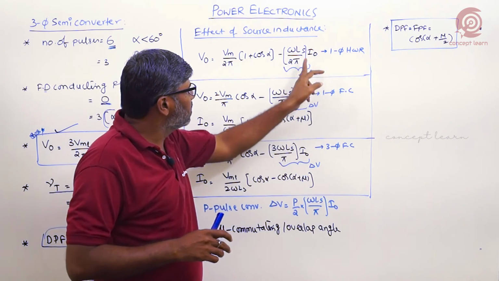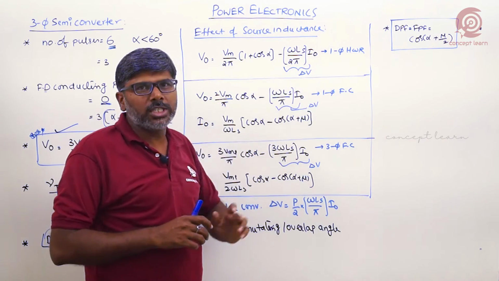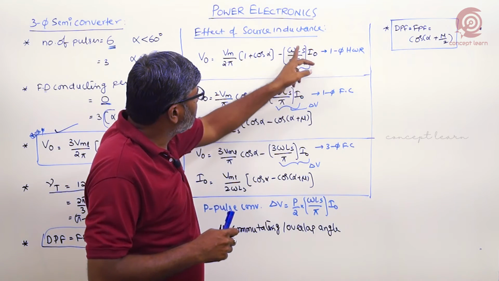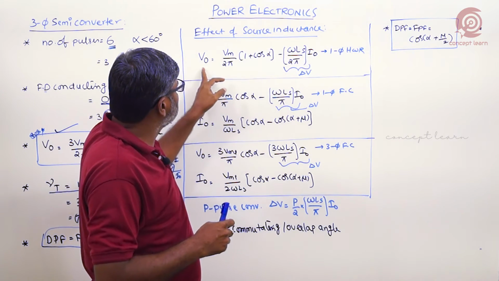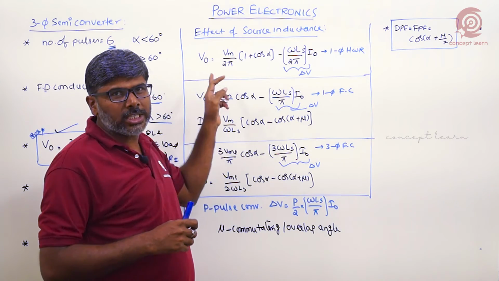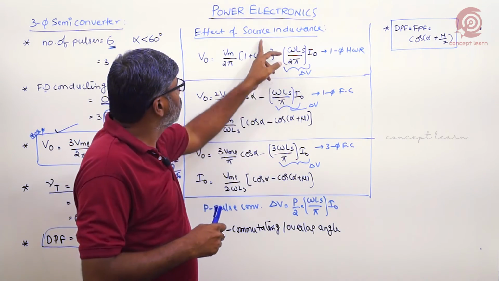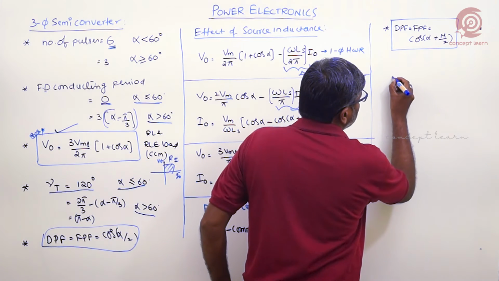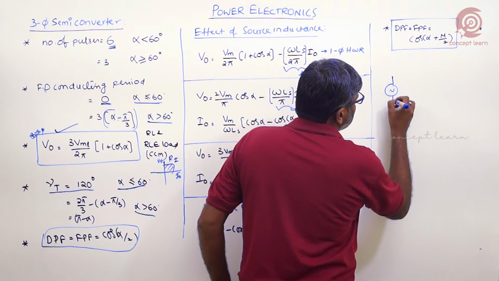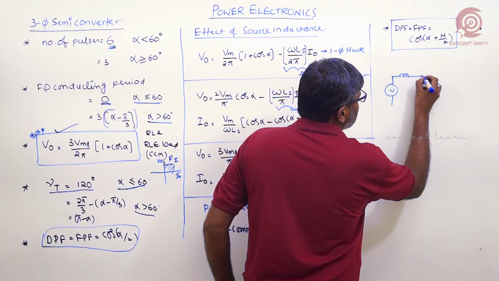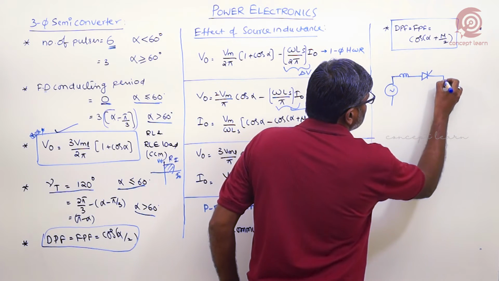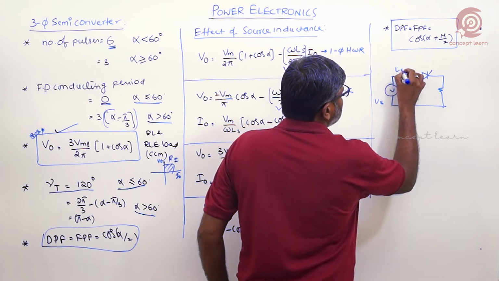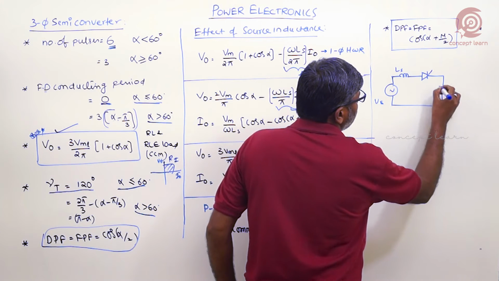That factor, delta V, is the voltage change. This would be subtracted from this value, and then it gives the net output voltage across the load if the source has inductance. So in the half-wave rectifier, we assumed this is a source, but the source has inductance, right? And this is the thyristor, Vs, and this is the source inductance Ls, with a load resistor.